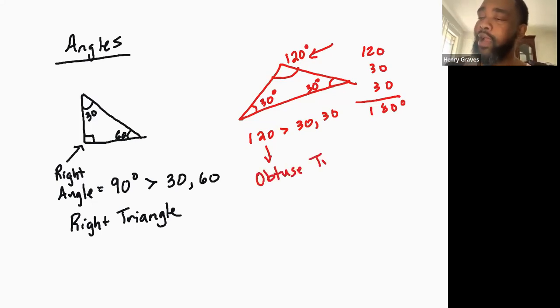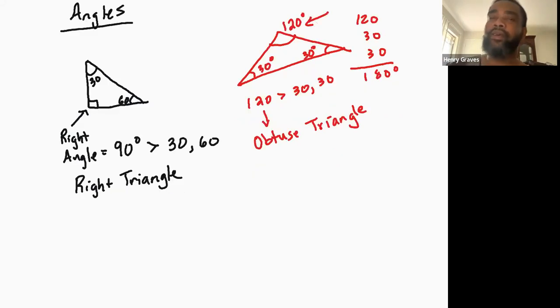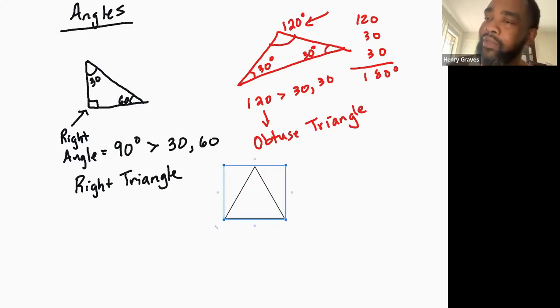I can't even spell triangle right. There we go, triangle. Okay, then I have one more type of angle triangle I have to talk about. I think I can draw this one out. So this kind of triangle has 60 degrees here, 60 degrees here, and 60 degrees here.